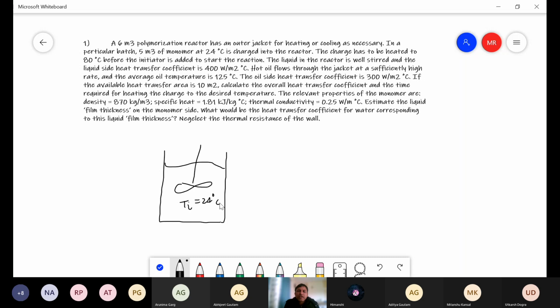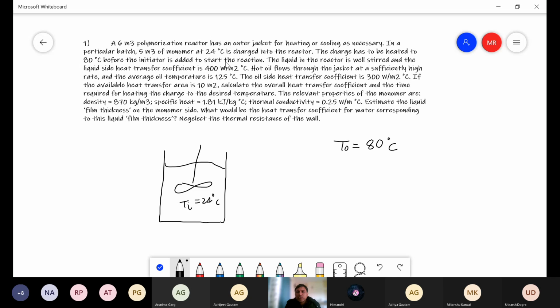The charge has to be heated to 80 degrees Celsius. So Ti is 24 degrees Celsius, but ultimately we want to heat this monomer charge to the final temperature of 80 degrees Celsius, before the initiator is added to start the reaction.